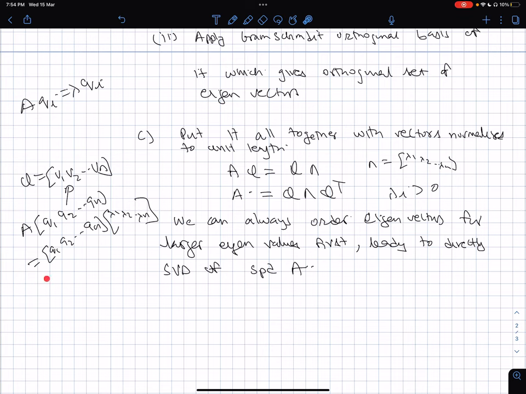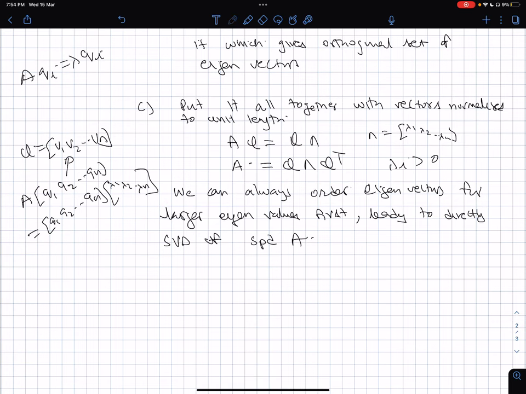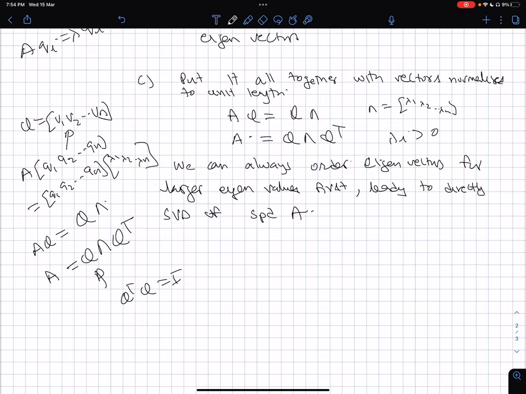That is, lambda 1 is greater than or equal to lambda 2 is greater than or equal to lambda n for a proper ordering. And then you get AQ equal to Q times lambda, the diagonal matrix, and A equal to Q lambda Q transpose, where Q transpose Q is again equal to identity, being orthogonal.